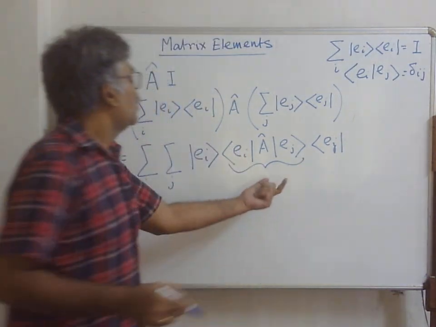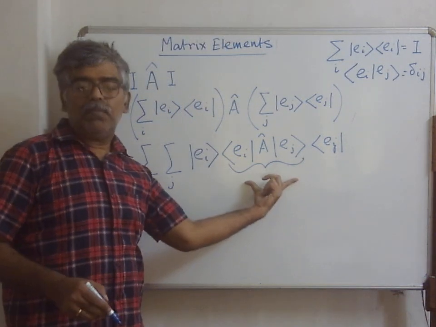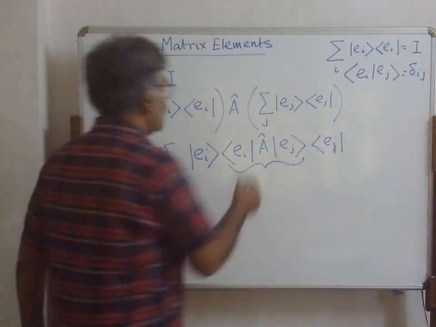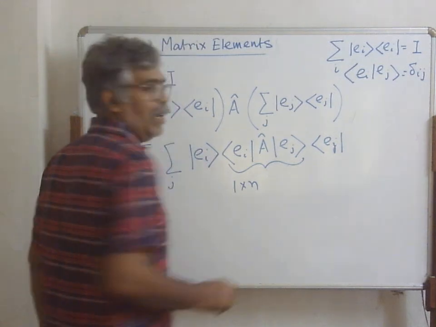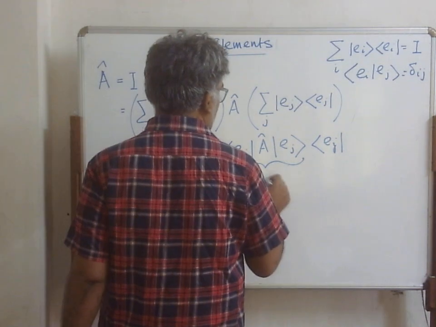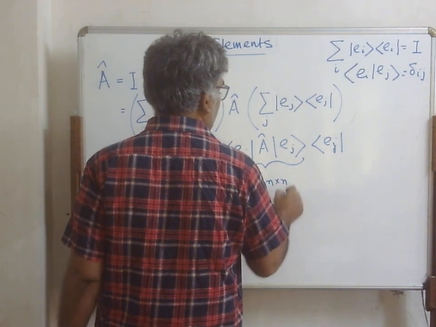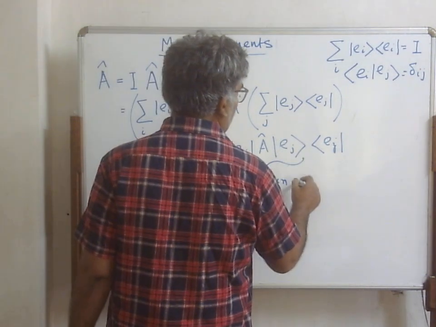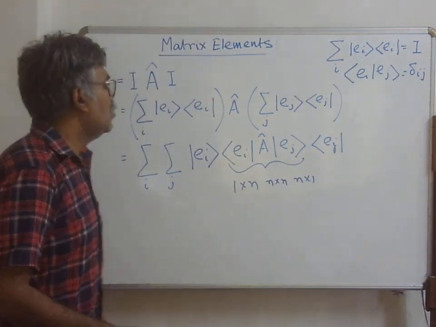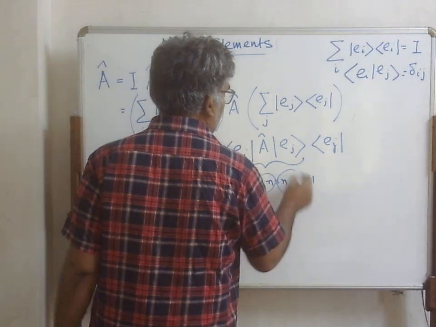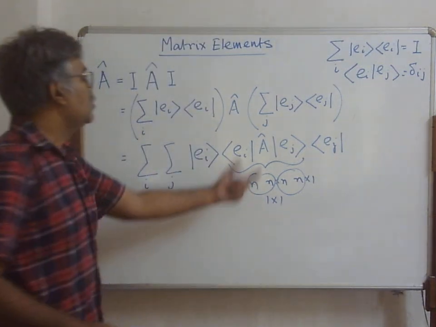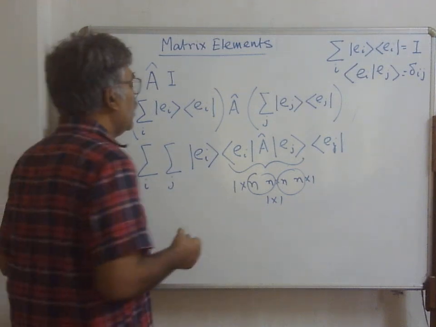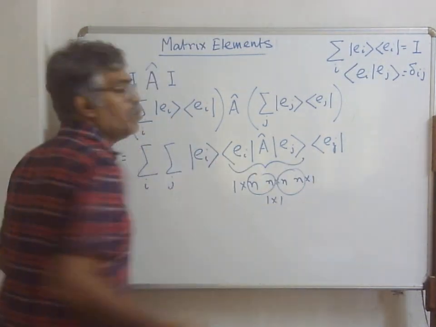This is a scalar number. Think of this as a bra, so this is 1 cross n in an n-dimensional space, and this is an operator, so an n cross n matrix, the representation in the n-dimensional space, and this is also a ket, so n cross 1, so everything gets contracted. So this is a 1 cross 1 number, so you can shift it into any position, and what is left over is the outer product.